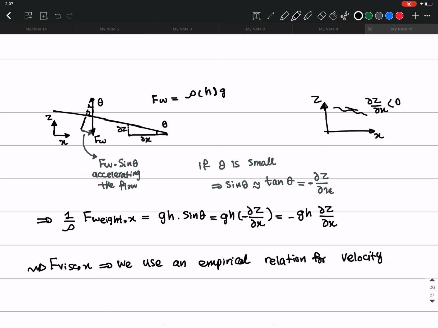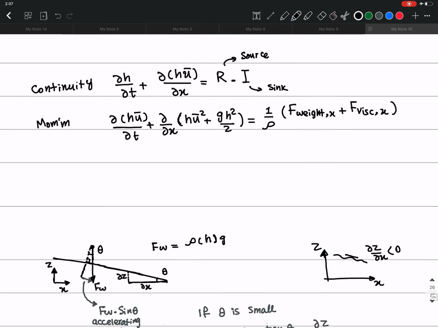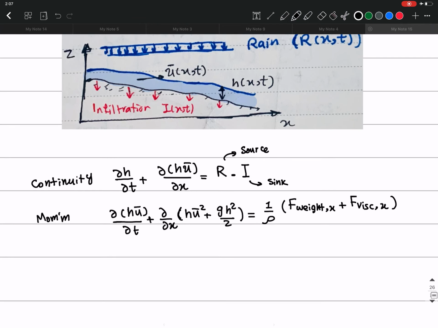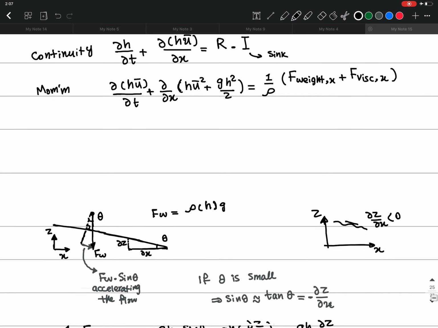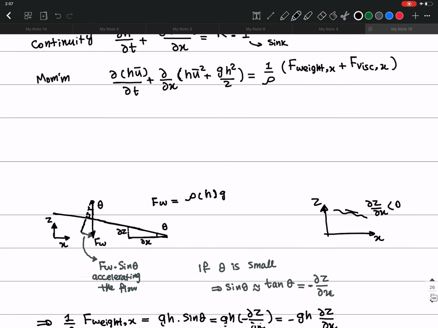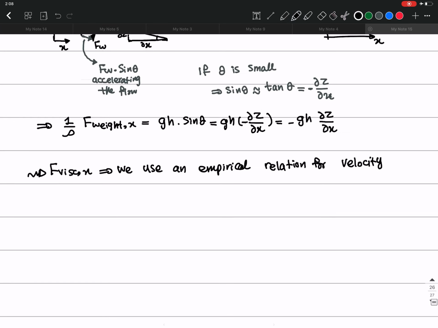Okay. Because this is a kind of specific problem. It's just for these channels. We typically use an empirical relation, which I think you know from your undergrad fluid mechanics or hydraulic engineering course, which is known as Manning's equation.